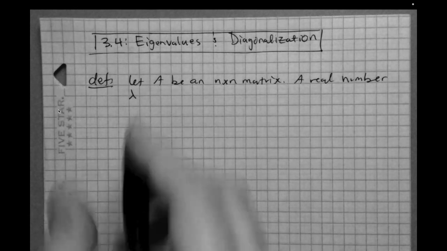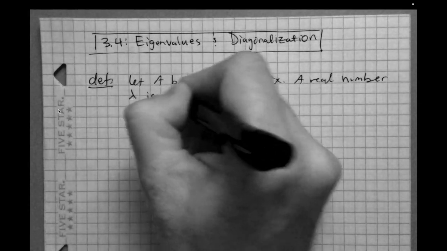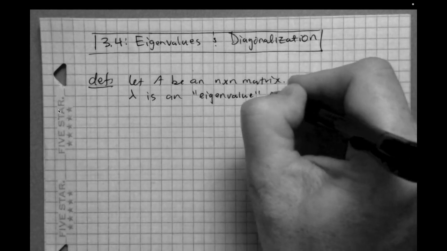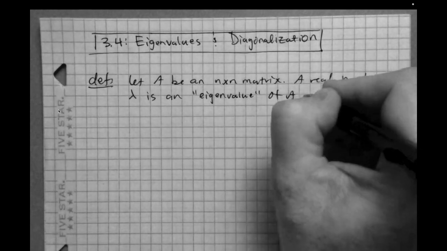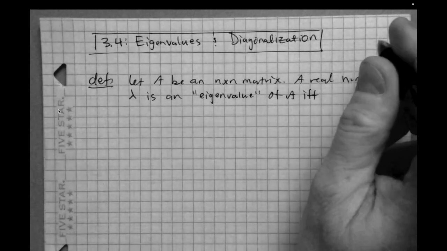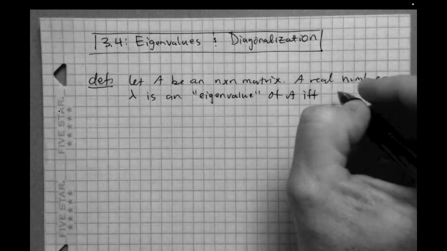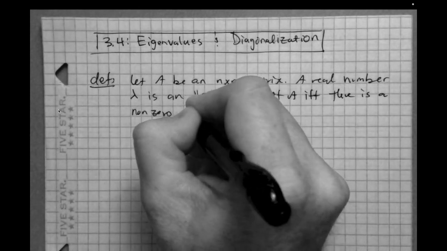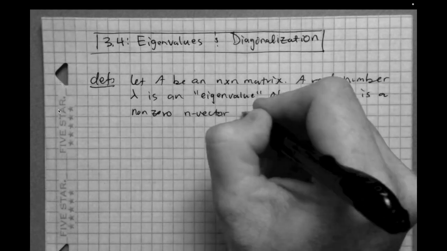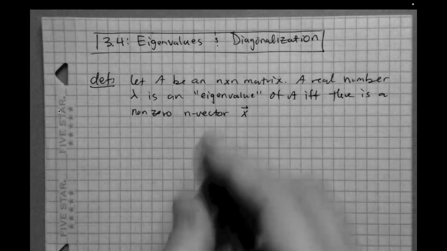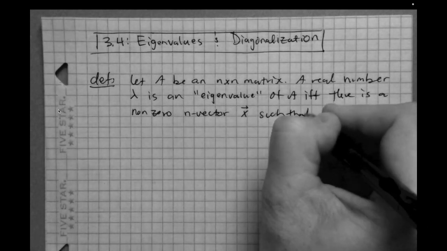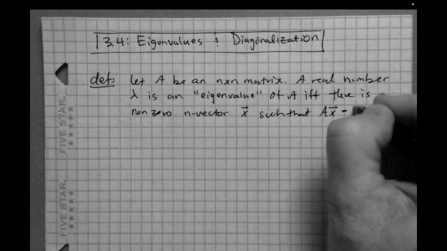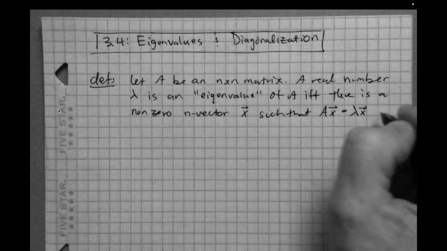A real number lambda is an eigenvalue of A if and only if there is a non-zero n vector, we'll call it x for now, such that A times the vector x is equal to lambda times the vector x.